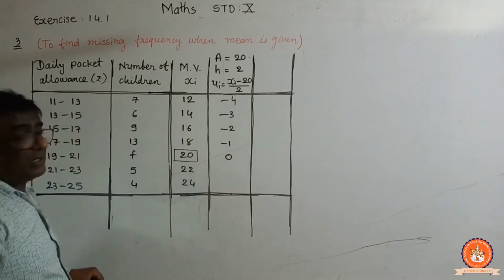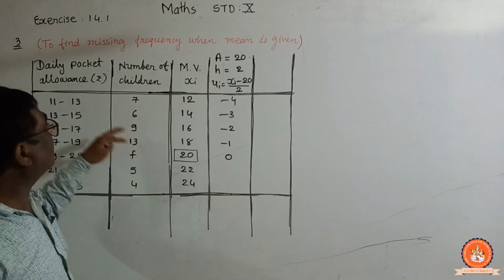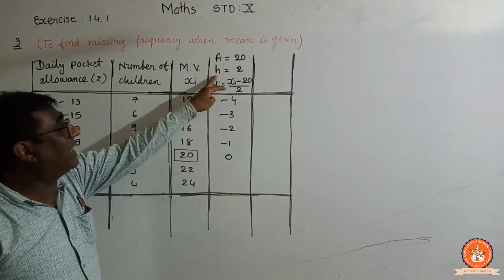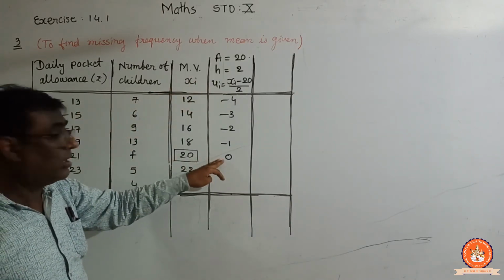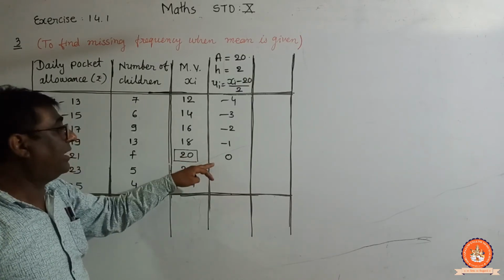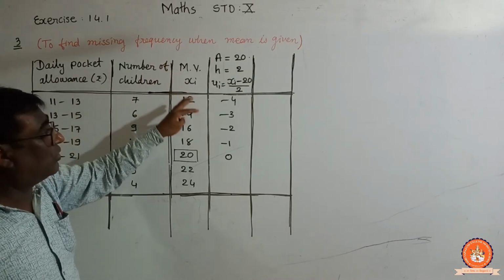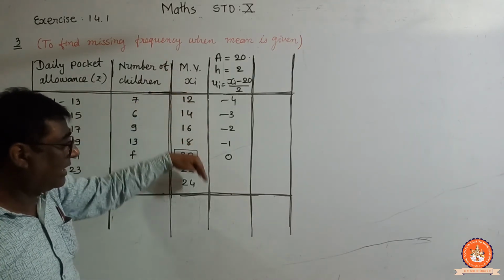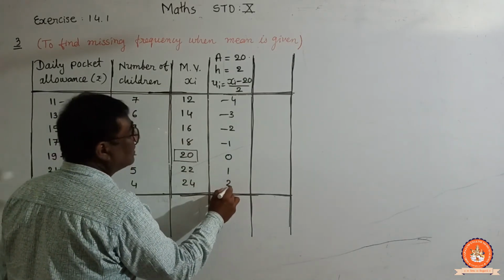As we have earlier calculated, in this step deviation method, whenever you consider h equal to class length, you always get 0 exactly in front of the value of A, and minus 1, minus 2, minus 3, minus 4 like this on the upward side, and 1, 2, 3 like this on the downward side.